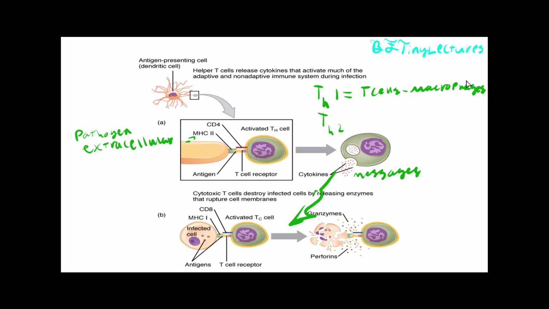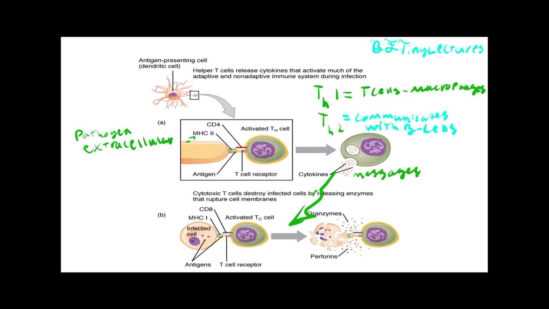It's very weak. If you want to increase B cells, you're going to be using T helper 2 cells. T helper 2 cells are really going to communicate with B cells. We can choose to increase their activity or we can choose to decrease their activity.